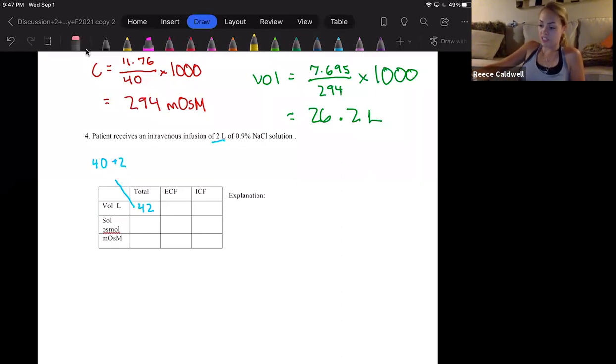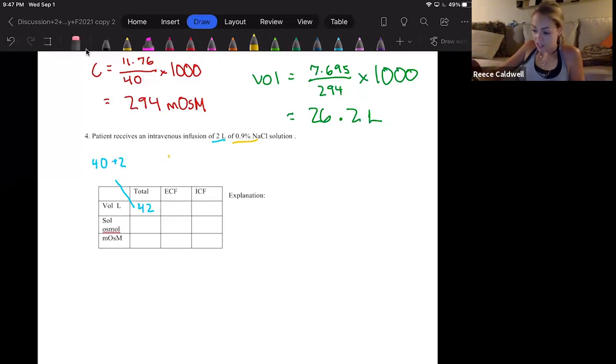So again, we need to convert that from grams to moles into osmoles. So we have that 0.9%, which means 0.9 grams in 100 grams of water, which is 9 grams in 1,000 grams of water, or 1 liter of water. And we see that we have 2 liters of water.